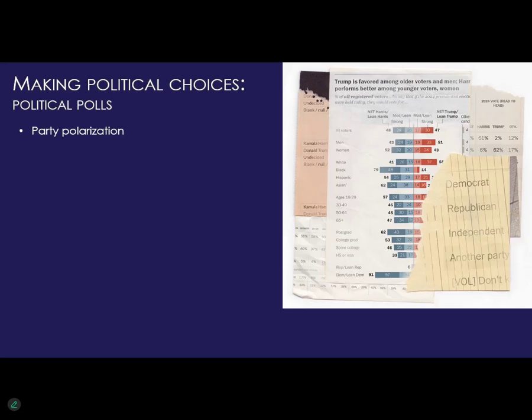Party polarization exists when party positions have moved to their ideological extremes. When there are no moderate Republicans, no moderate Democrats, no centrists, members of political parties are advocating the extreme applications of their agendas.